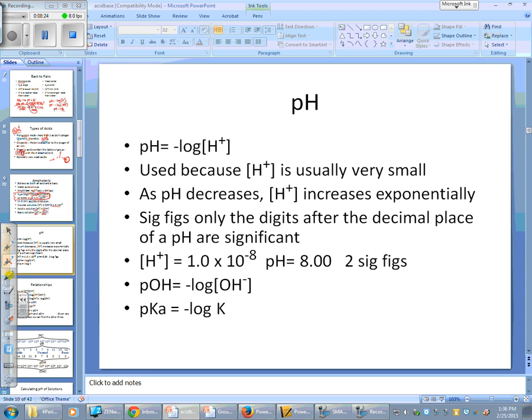pH, I went through, again, those types of calculations and sig figs. The only thing I didn't mention is this right here. We're going to get into that a little bit more, this idea of pKa, but anytime you see pH, pOH, it's the negative log of something. So pKa is the negative log of the acid dissociation constant, or that Ka, and we can use that to evaluate appropriate indicators, which we'll get into when we do titration, so hold off on that one.